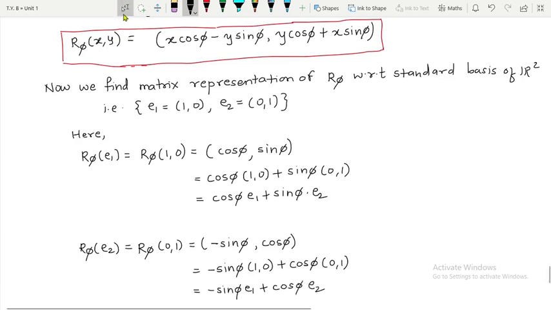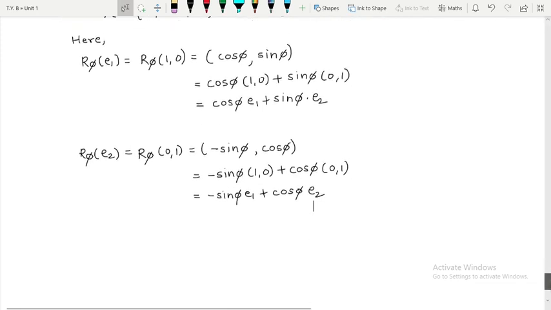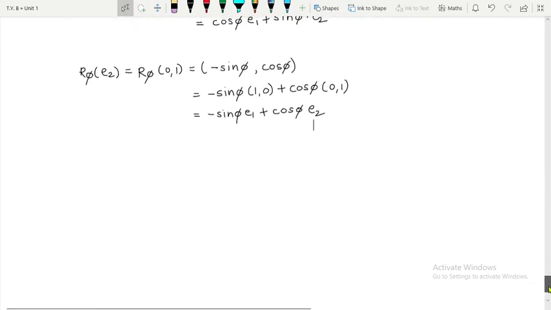Now we can write the matrix representation.